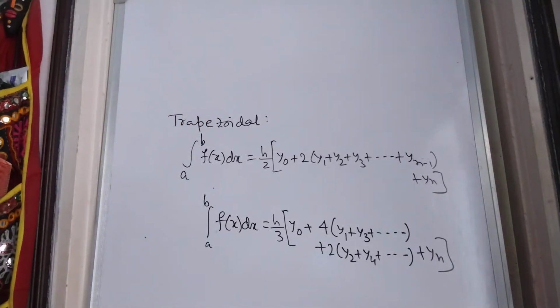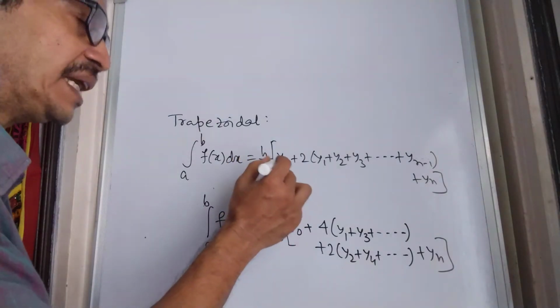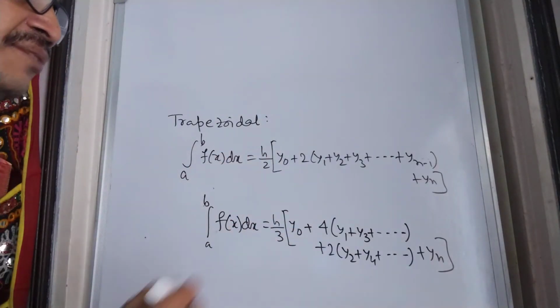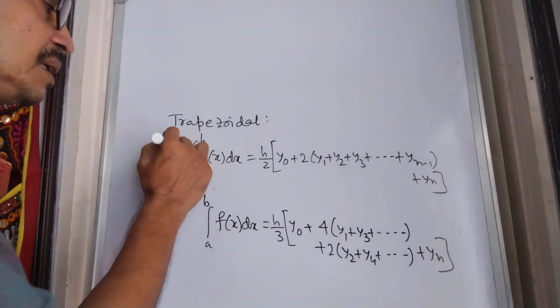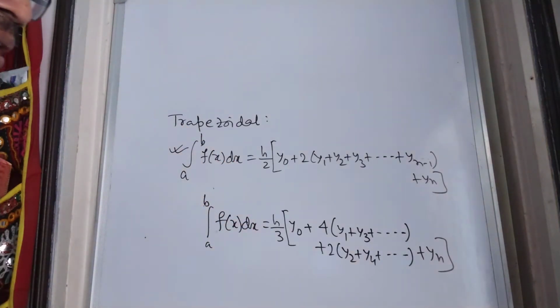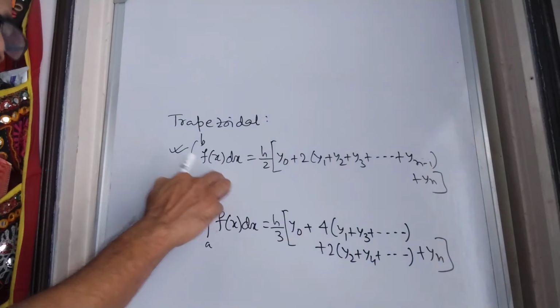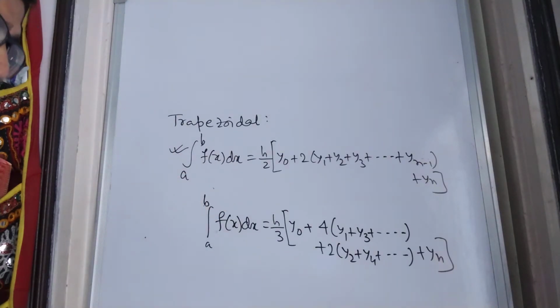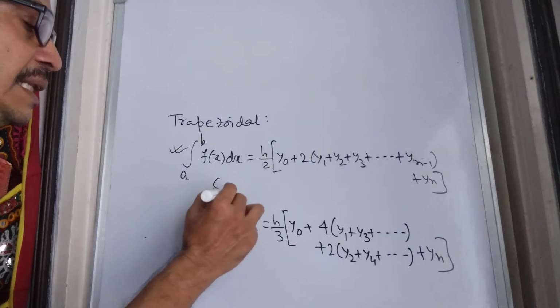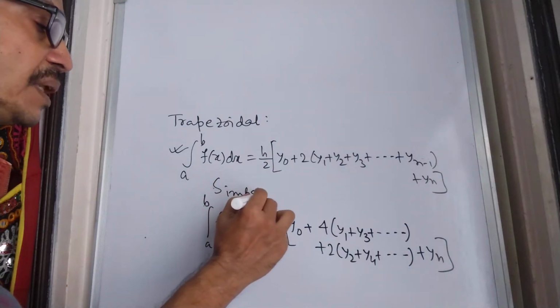Actually, what I wanted to mean is the value of y at x0, the value of y at x1, but I should have written the exact formula, which was wrong in my previous video. So that's why I thought I should upload another video involving the error in Simpson's 1/3 rule.